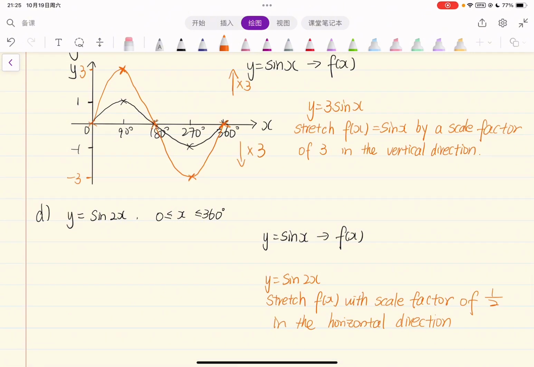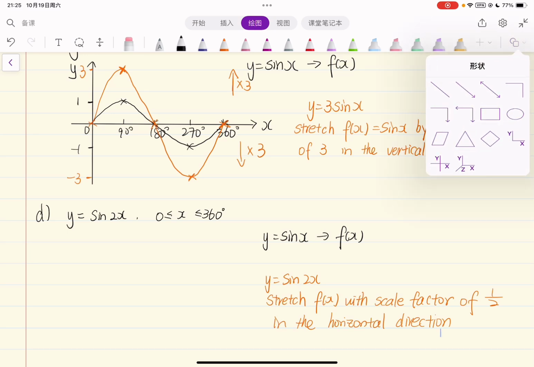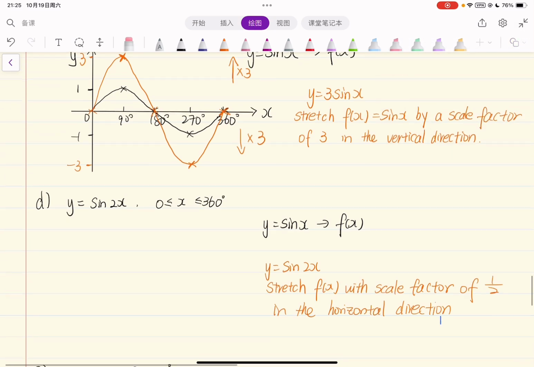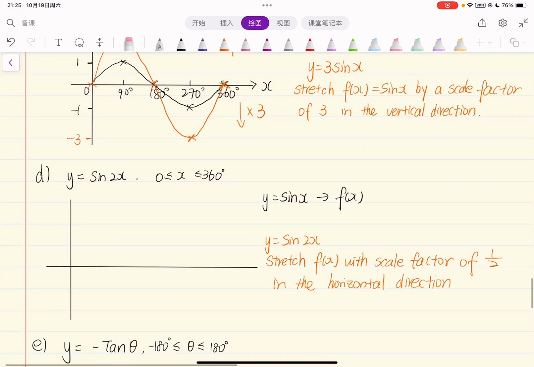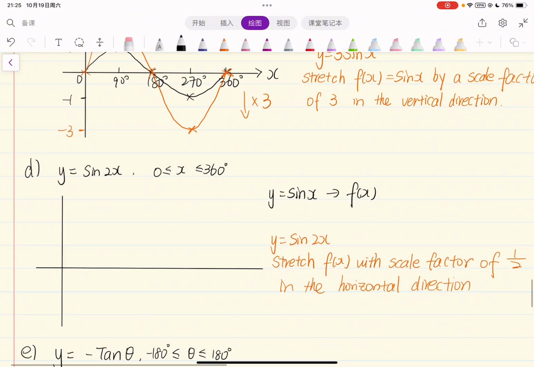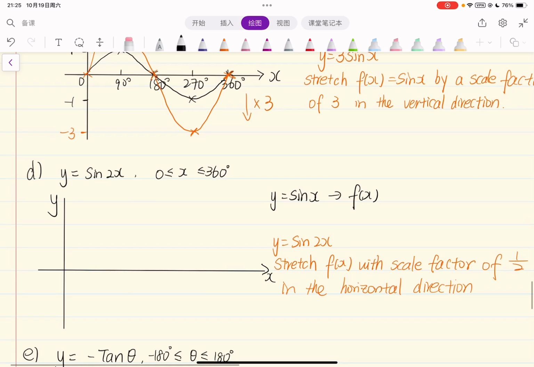Let's firstly draw the graph of y equals sine x, so f(x). You have x that is 90 degrees, 180 degrees, 270 degrees, 360 degrees.